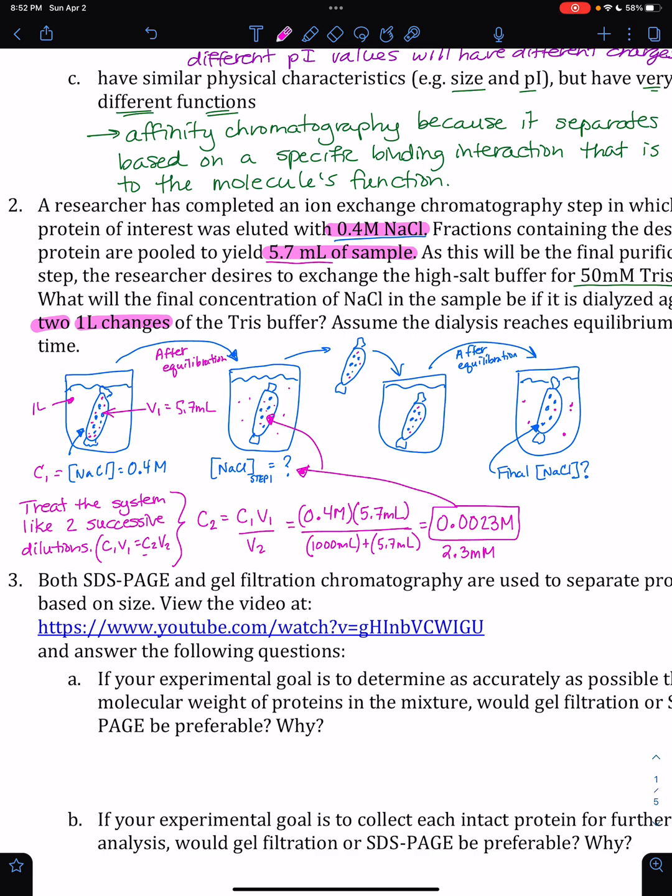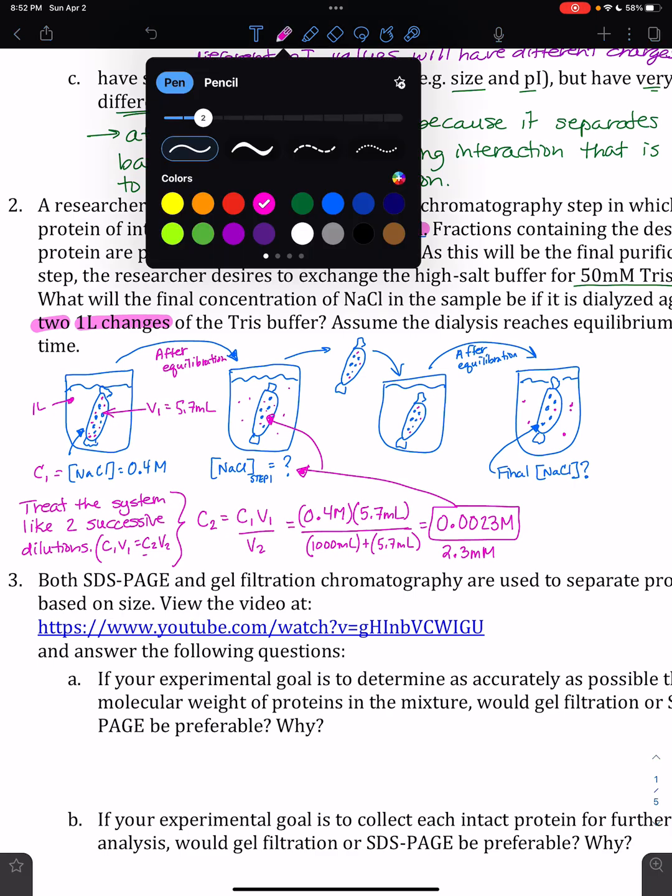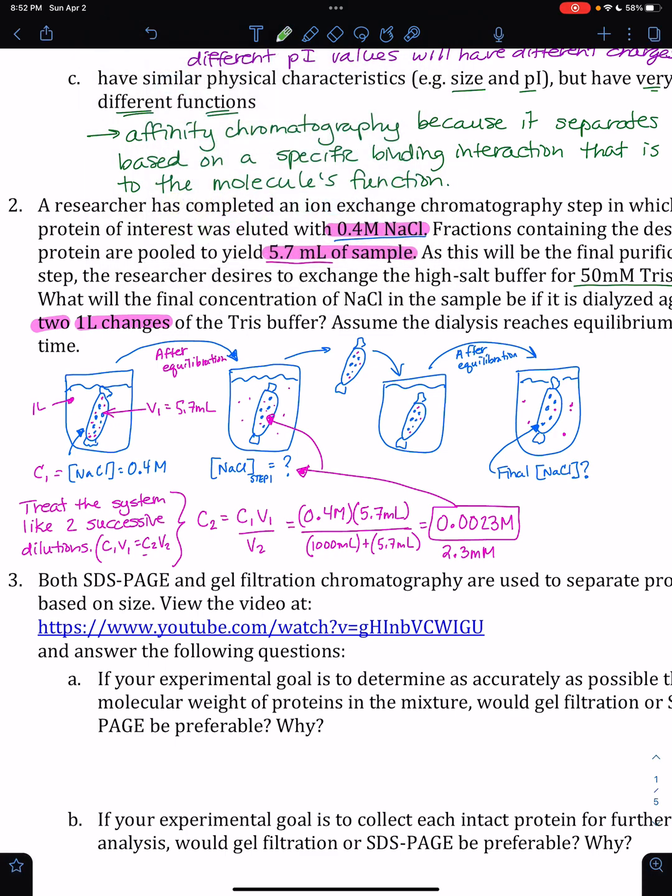So now we just have to do that same calculation for the second step. And I'm going to do the second step in a different color. I'll do it in light green. So what we need to know for the second step is all of the volumes are going to be the same. We're going to assume that the volume here is 5.7 milliliters and the volume here is 1 liter.